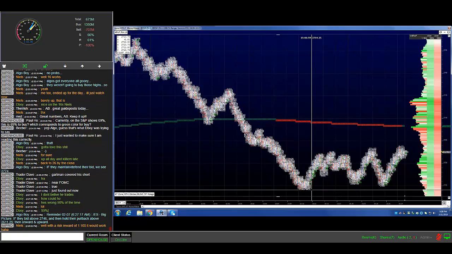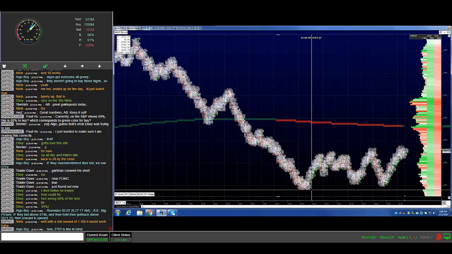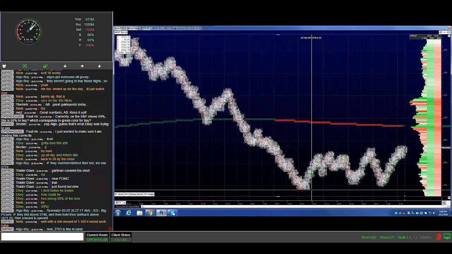Our dollar percentage had gone up to 77%, now 68%, and then that symbol number, which started off at 75% early, is now down to 64.